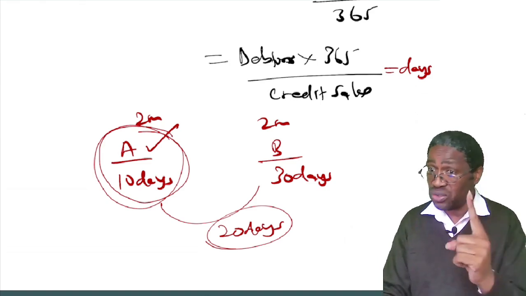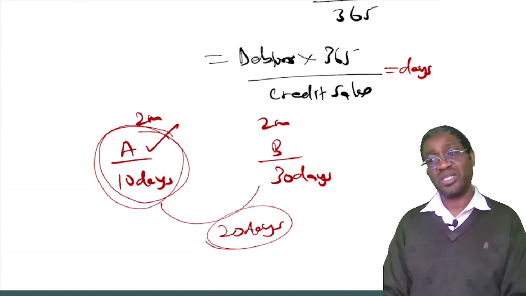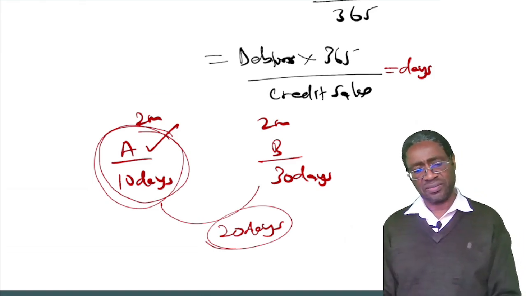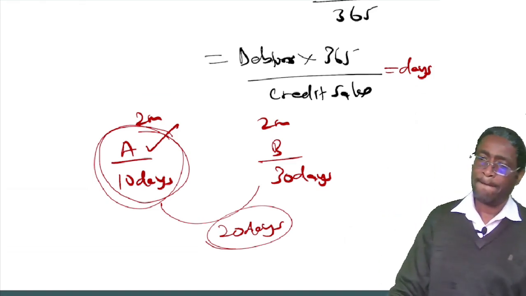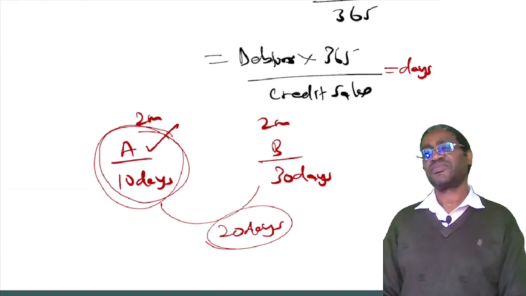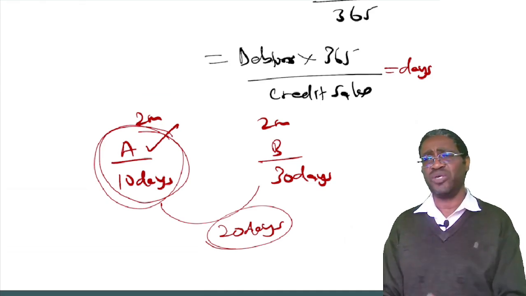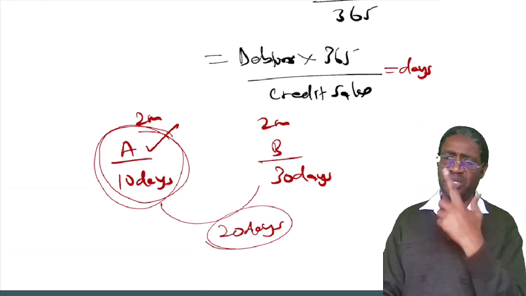That's one reason why we say the shorter the period, the better the firm. Another reason is this. Company A gives customers 10 days to pay. Company B gives their customers 30 days to pay them.